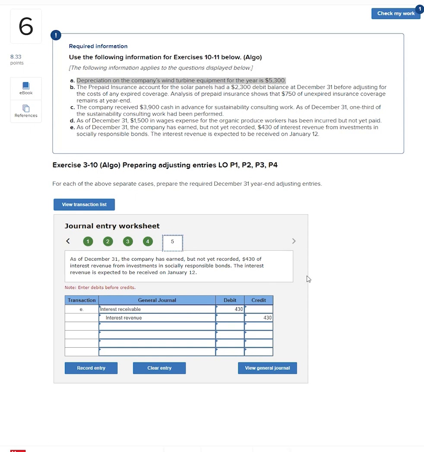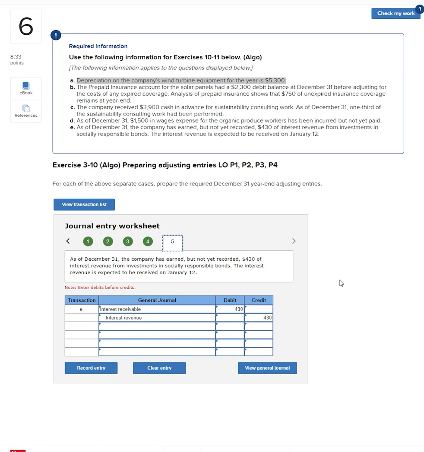And the last one, they say as of December 31st, the company has earned but not yet recorded $430 of interest revenue from investment in socially responsible bonds. The interest revenue is expected to be received on January 12th.